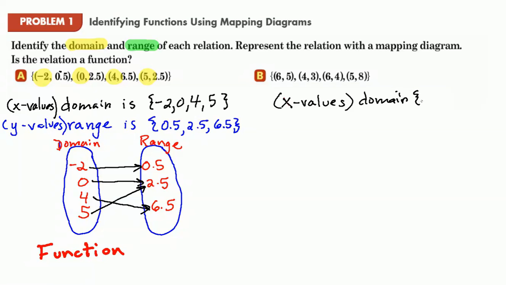The domain is all the values that are the X: 6, 4, 6, and 5. Always start with the smallest number. 4 is the smallest number. The next one is 5. The next one is 6. So there's your domain.